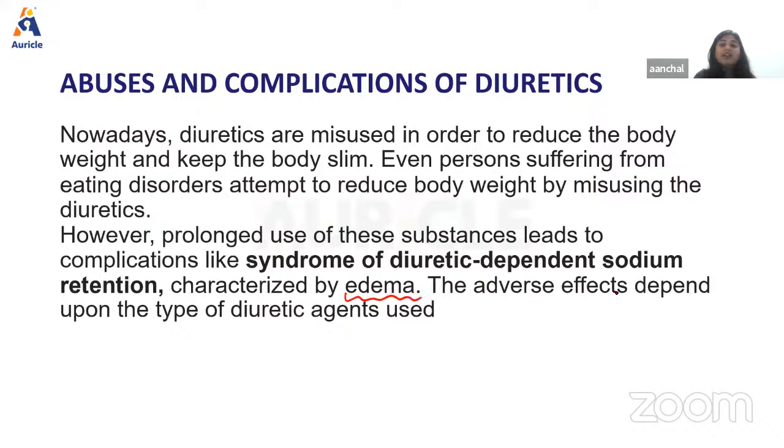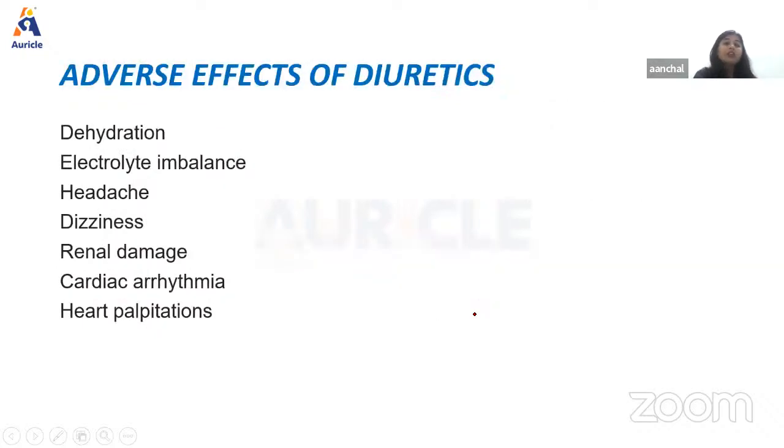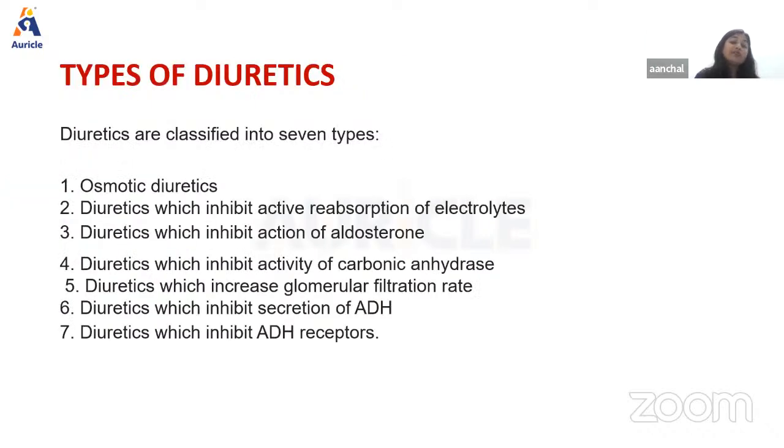The adverse effects depend upon the type of diuretic agent used by the person. What adverse effects can occur if the patient is misusing or abusing these substances? That could be dehydration, electrolyte imbalance, headache, dizziness, renal damage, cardiac arrhythmia, and heart palpitation. Then we have the types of diuretics.